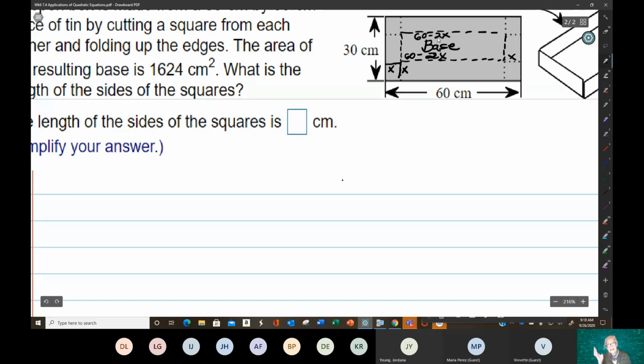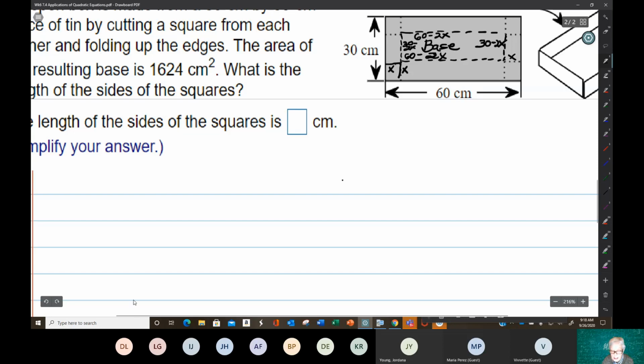And the 2X again comes from two sides being folded up, and so the 60 gets shortened by 2X. Same thing happens to the 30 centimeters. When you fold up the other two sides, it becomes 30 minus 2X, and 30 minus 2X.